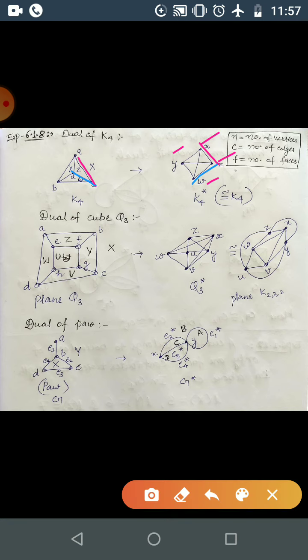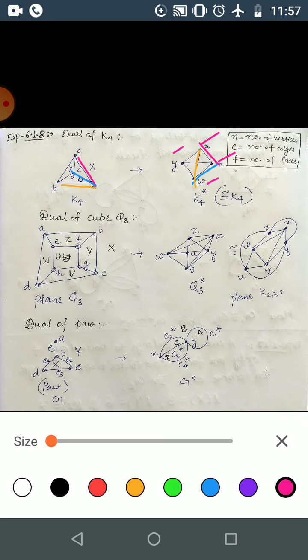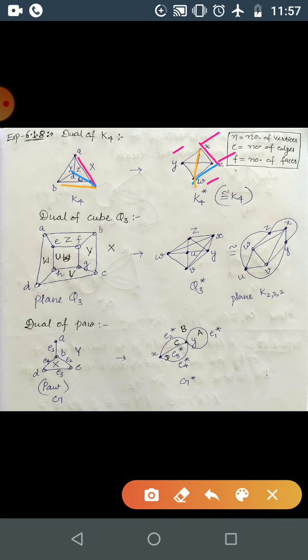Now on this edge, W and X faces in G meet. That's why the vertices W and X will be adjacent, correct. What about this one? W and Y. So there will be an edge between W and Y.